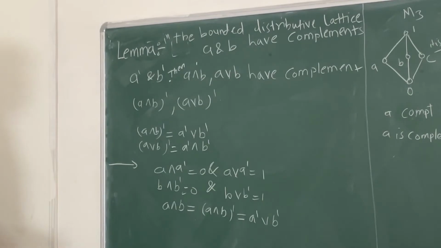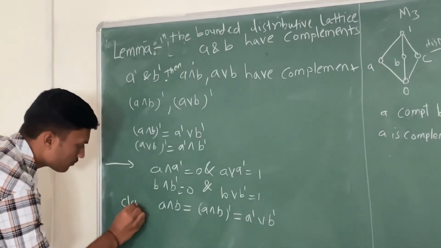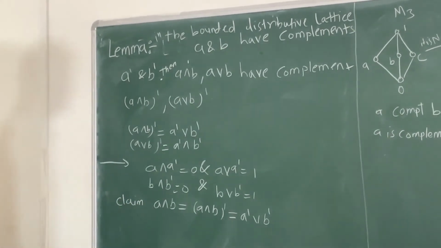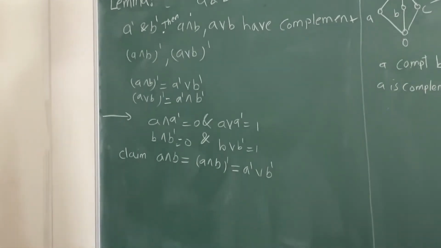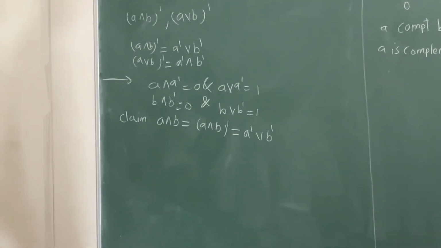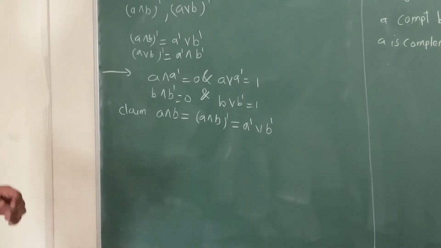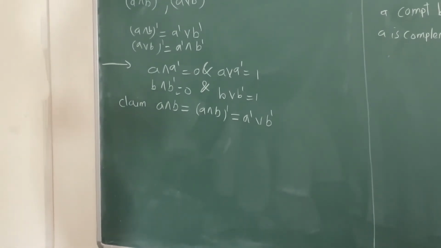You write the claim that we are supposed to prove. Yes. A meet B prime, we want to prove it as A prime join B prime, which is the complement of A meet B. Is that clear?